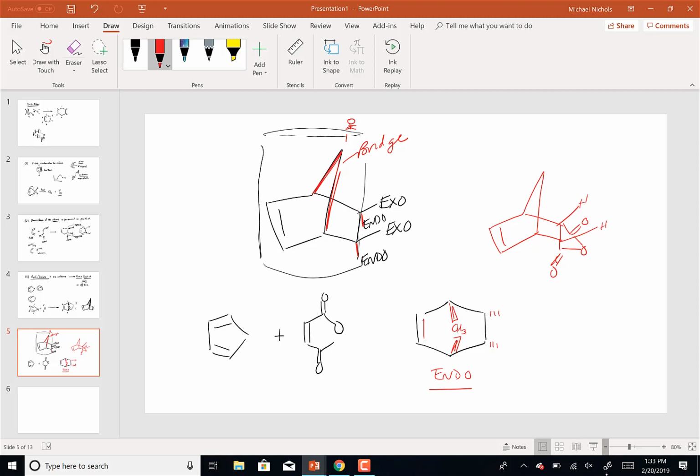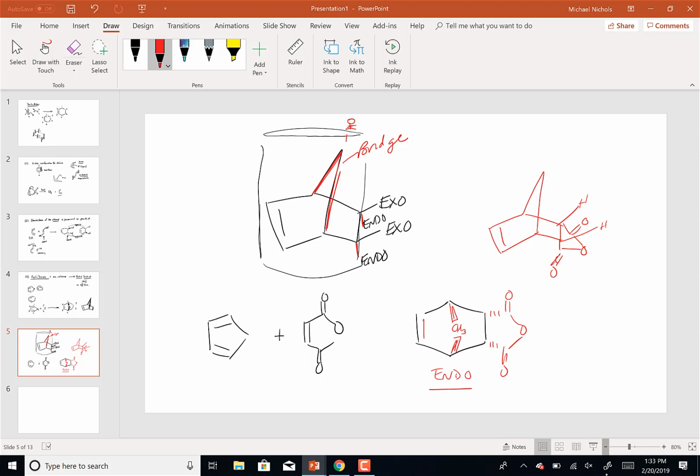Why did I do that? It would have been easier to write the C triple bond N. Okay, so that's rule number 3. Whenever you have a cyclic diene with a cis alkene, you get the endo product.